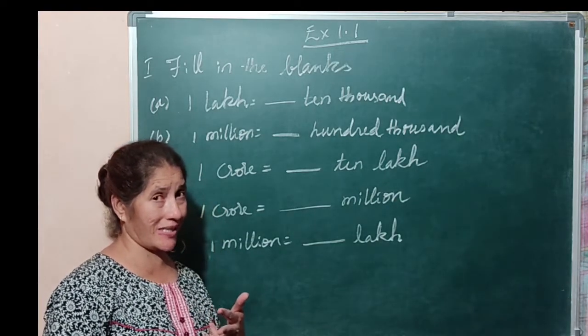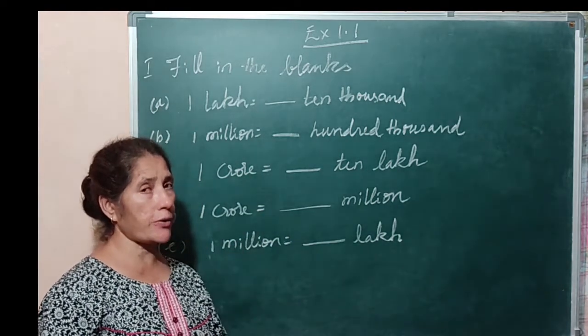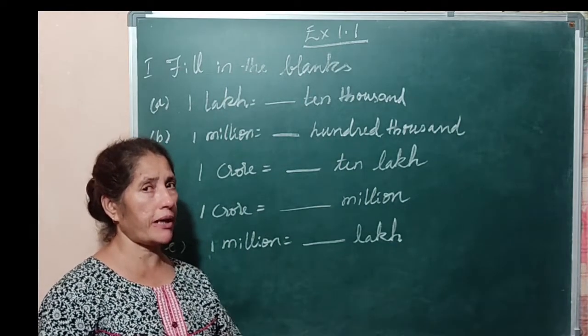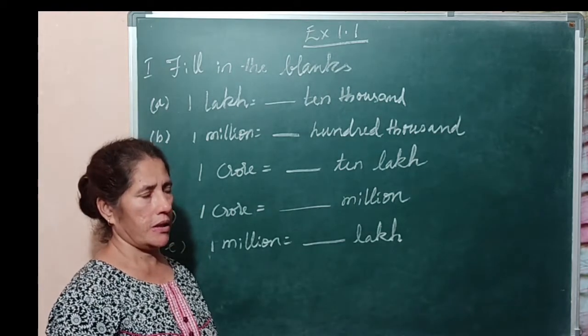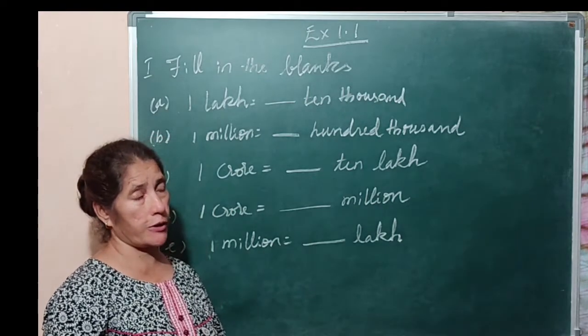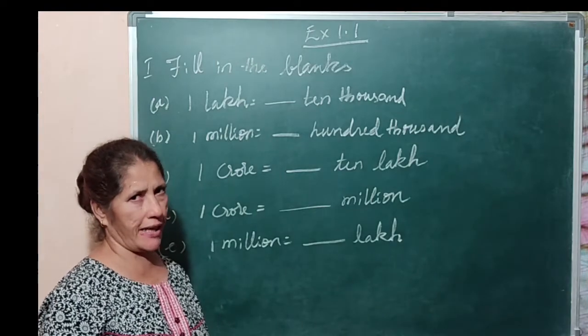After that, the change: after 10,000, 100,000. After 100,000, million. After million, 10 million. After 10 million, 100 million. After 100 million, billion. But billion is not there for you, so only till 100 million is there.